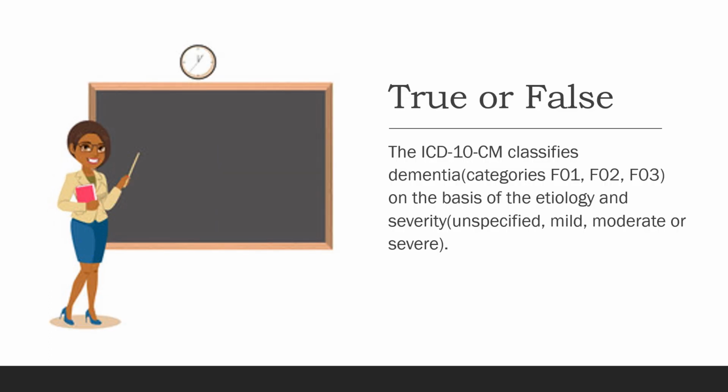This is not quite a logic game, but it is beneficial to those of you who are preparing for your certification exam, or for those of you who just like to know. So here we have a true or false question.